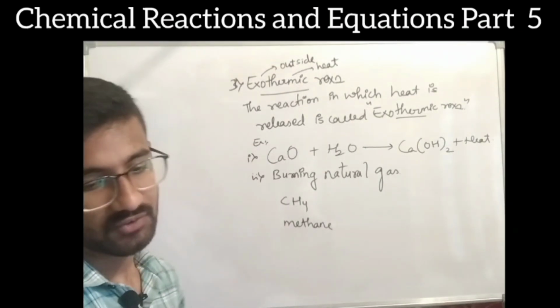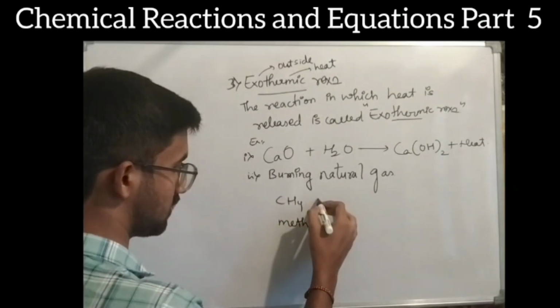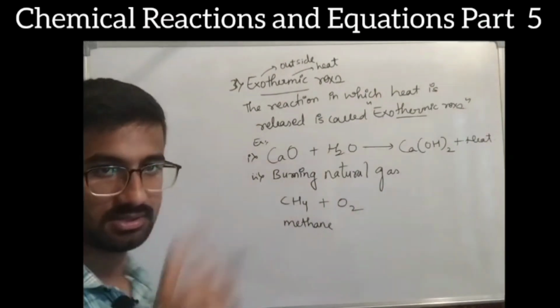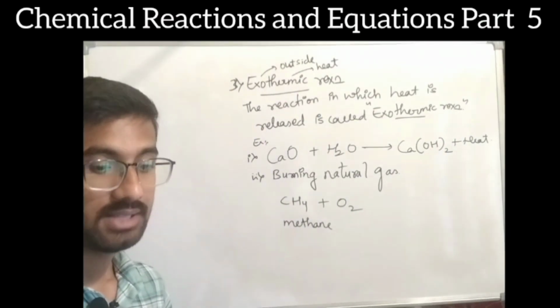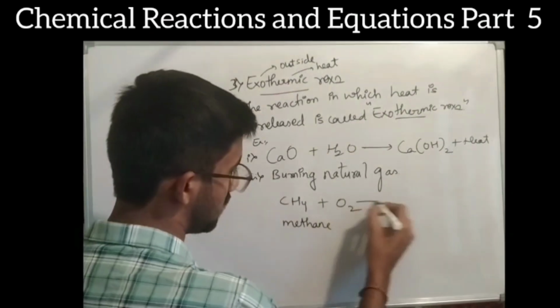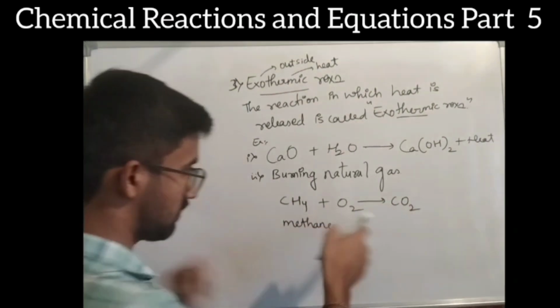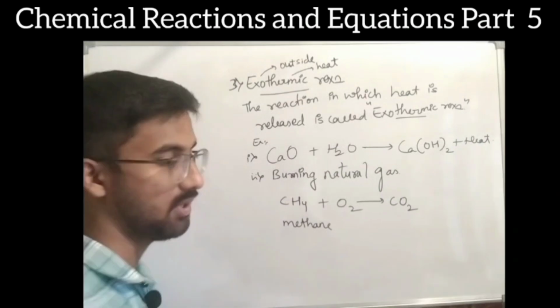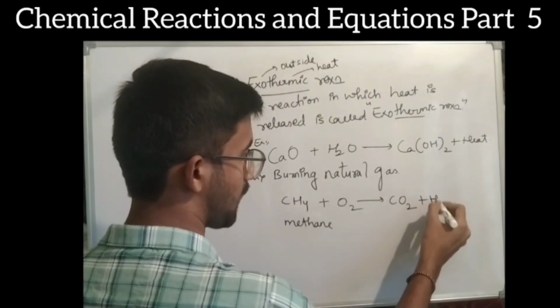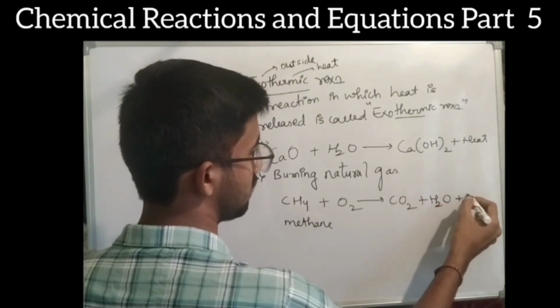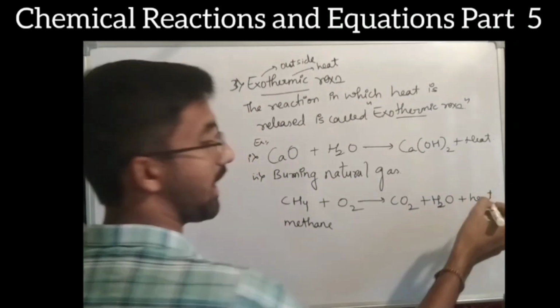Don't worry about that. When methane reacts with oxygen in the atmosphere, the products formed are carbon dioxide, one of the most common products, and water, plus heat in the form of energy.